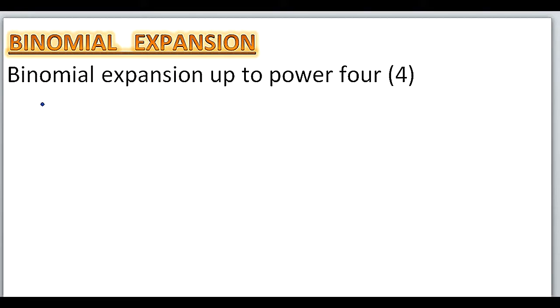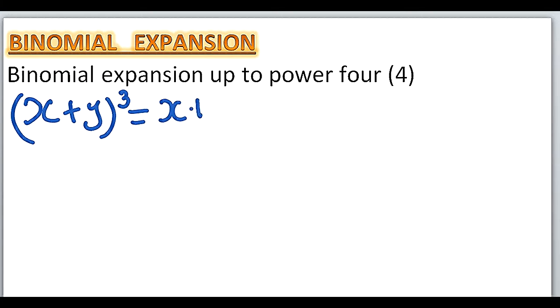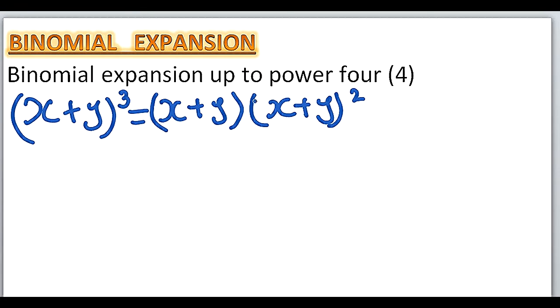In our previous expansion, we have dealt with (x plus y) squared. So this time we will expand (x plus y) cubed. So this can be written as (x plus y) times (x plus y) squared, because when you multiply here we have 1.